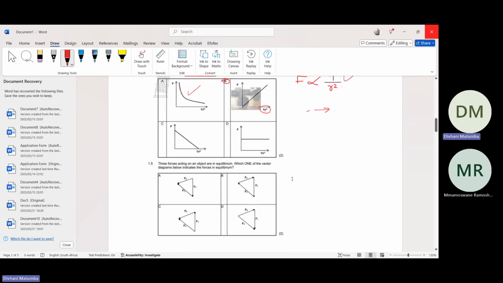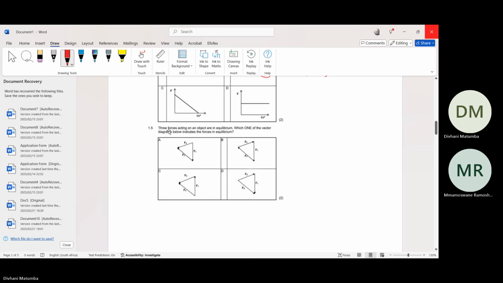Let's go to the next one. Three forces acting on an object are in equilibrium. Which one of the vector diagrams below indicates the forces in equilibrium? I think we have talked about this one. Yes, we spoke about it.